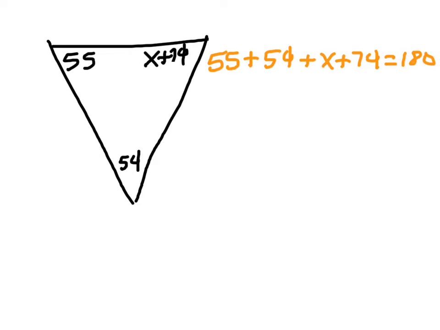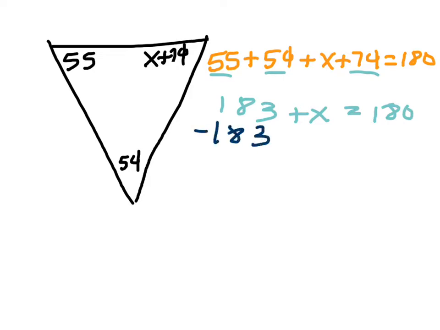And we can just solve for x. Go ahead, combine our like terms. 55 plus 54 plus 74 is 183 plus x equals 180. Subtract the 183. x is equal to -3.